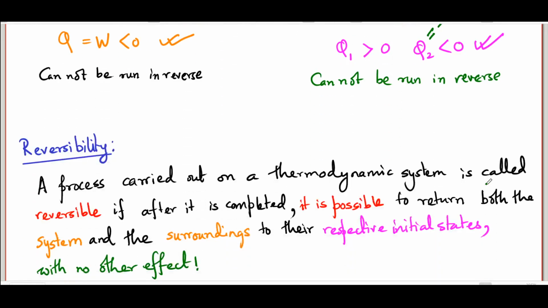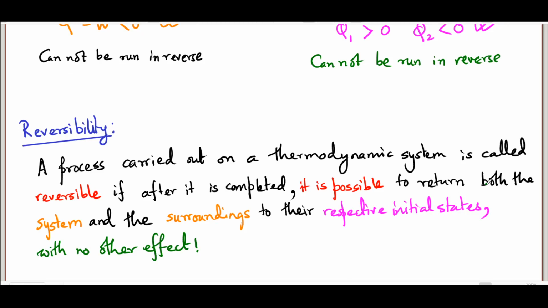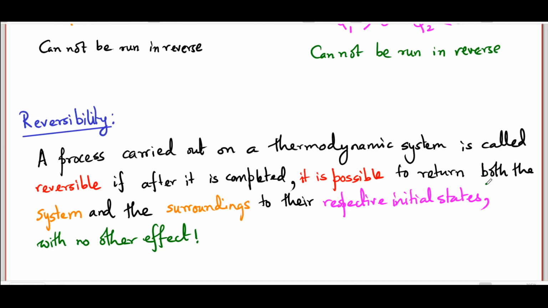Reversibility is defined in the following manner. A process carried out on a thermodynamic system is called reversible if, after it is completed, it is possible to return both the system and the surroundings to their respective initial states with no other effect.